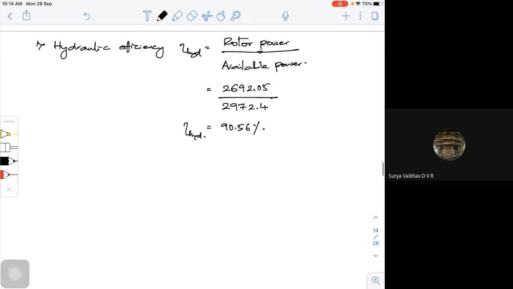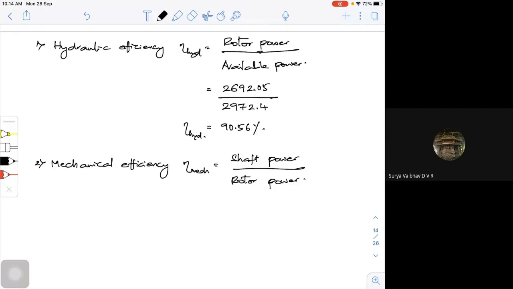Now the second one, mechanical efficiency. What is it actually? It is the ratio of the shaft power to your rotor power.